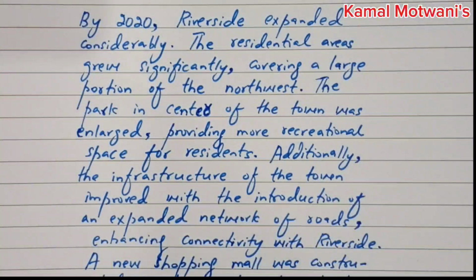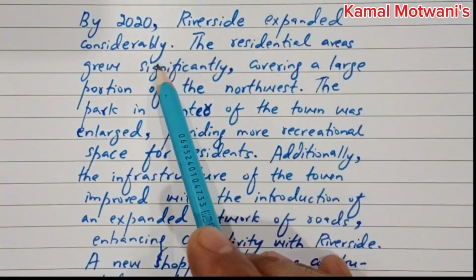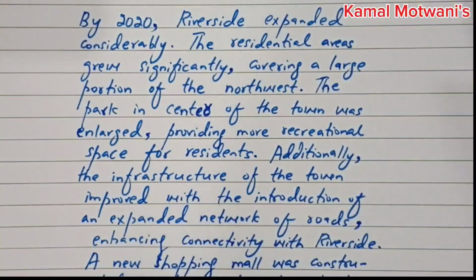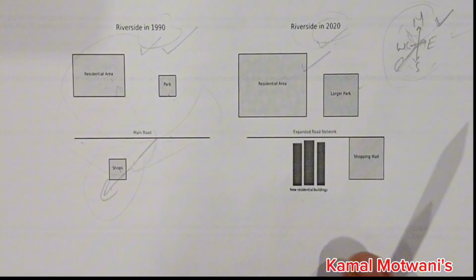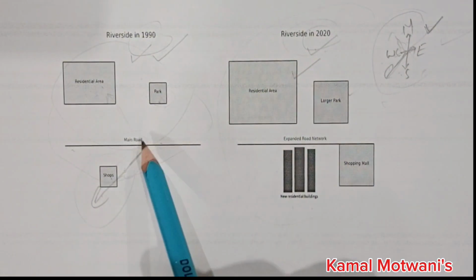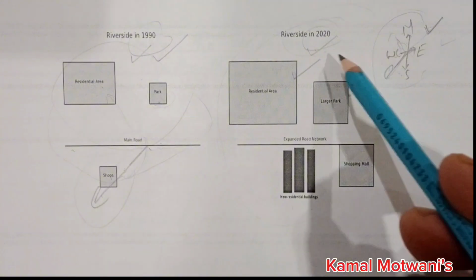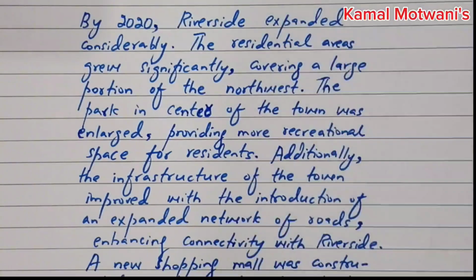Okay, let's read it. By 2020, Riverside expanded considerably. Now, see here it is clearly visualized. You can visualize that it has expanded from this to this. Riverside has considerably expanded in 2020.